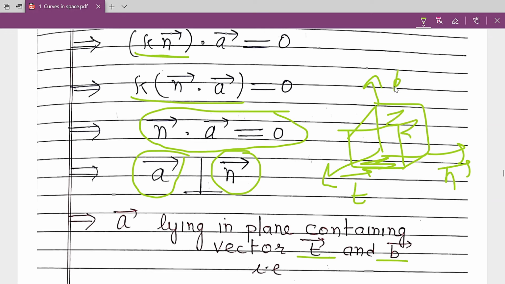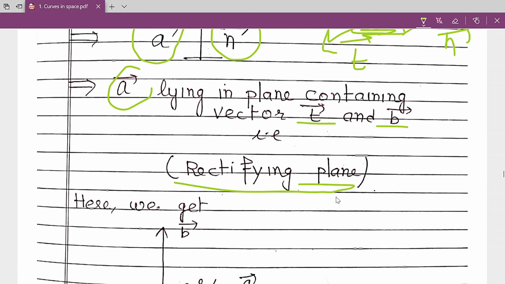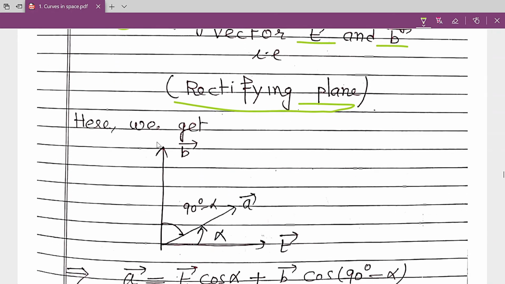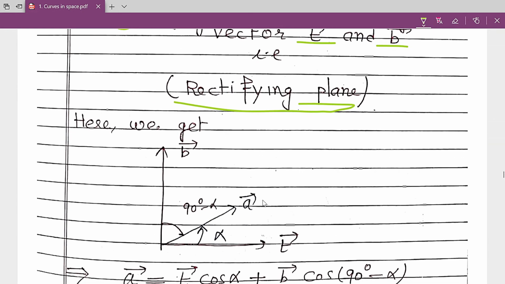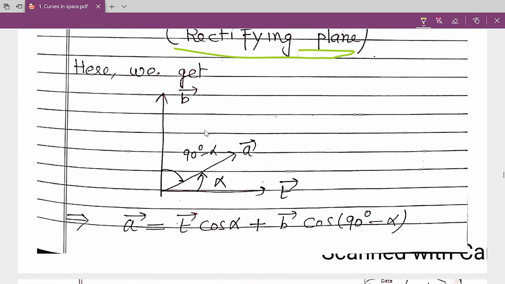This is the B vector, and this is the rectifying plane. Remember this. So the A vector lies in the plane containing T and B, the rectifying plane. So all three are coplanar, lying in one plane.